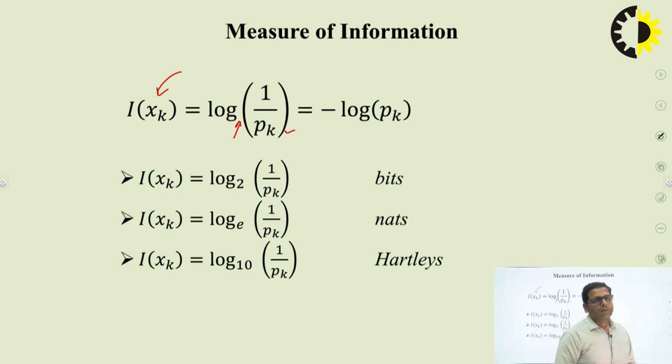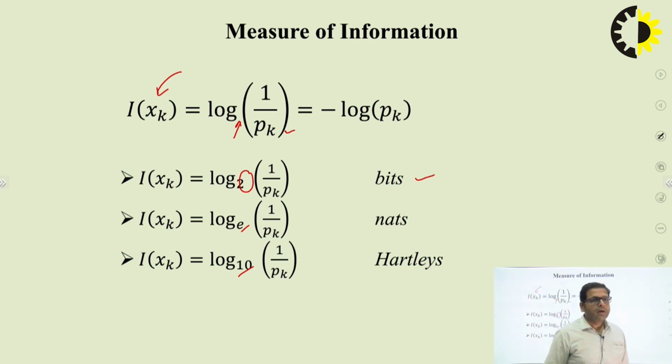If the base of log is 2, then the information unit is bits, if the base of log is e, it is known as nats, and if the base of log is 10, it is known as hartleys. So, depending upon the application, we have different bases for the log. Mostly in digital communication, in binary transmission, we use base 2. So, the unit of information is bits.